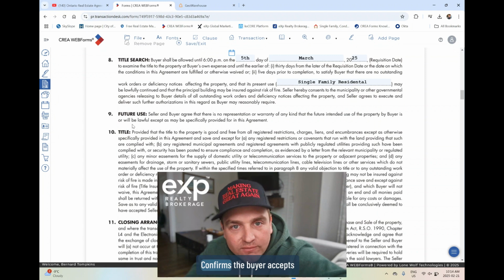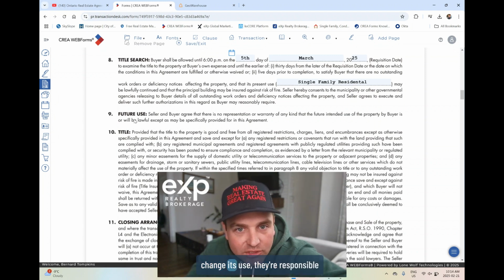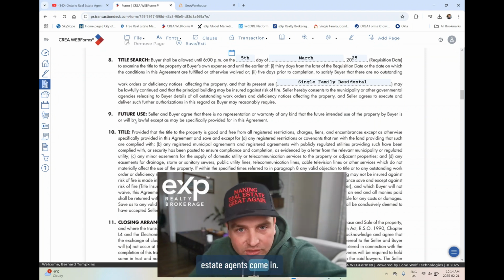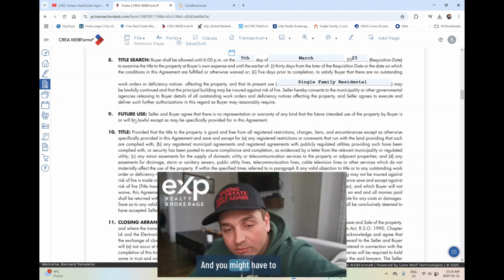Future use confirms the buyer accepts the property as is, and if they plan to change its use, they're responsible for checking the zoning. And that's where your real estate agents come in. They're going to look up the zoning for the property, or if it's non-conforming, they need to look that up and give you advice on if you're purchasing a property that possibly is non-conforming, if it can continue to be used that way. Then you might have to discuss that with the lawyers.